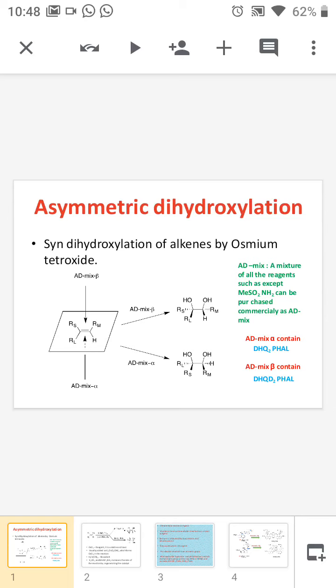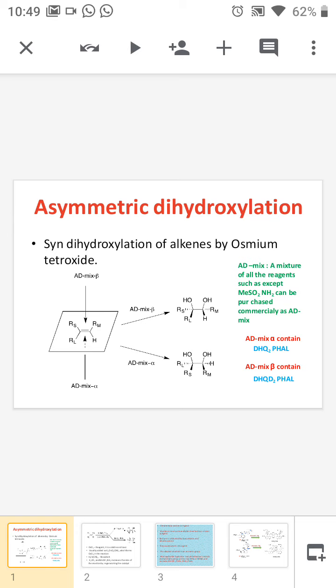Now, what is the chiral catalyst for this dihydroxylation? The chiral catalyst is AD mix. AD mix means it is a mixture of all the reagents, such as DHQ2 and DHQD2, that we will explain in the following slides, and except one of the reagents, that is MeSO2NH2, is known as AD mix, and we can purchase this AD mix commercially.